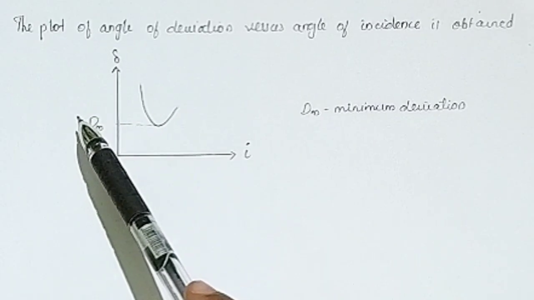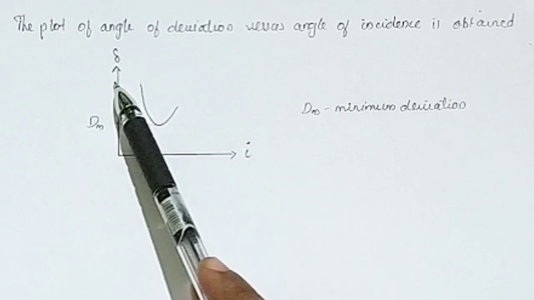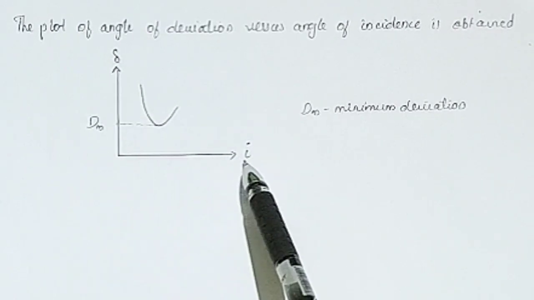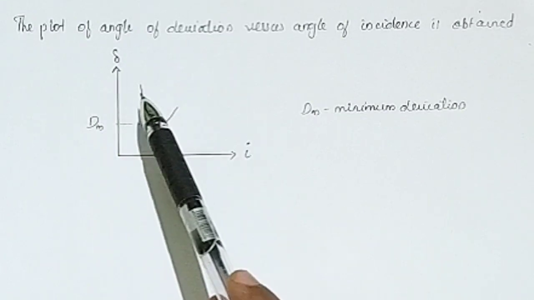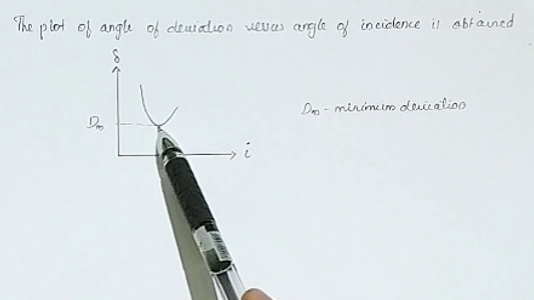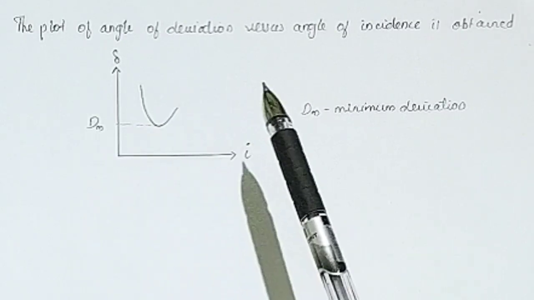And on analyzing the refraction through a prism, it is found that if a graph is plotted between angle of incidence and the angle of deviation, we obtain a curve which has its minimum value at the angle of minimum deviation.